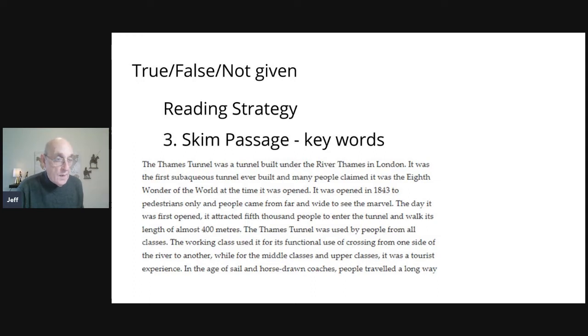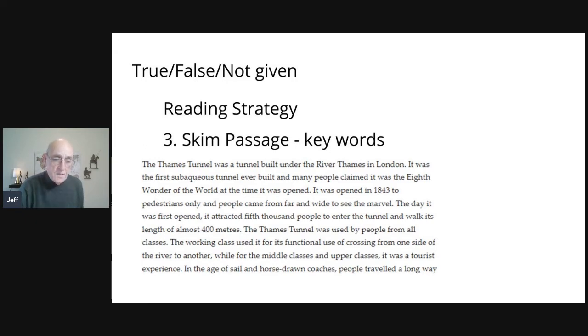I'm going to underline any words that seem to be synonyms. I'm going to look for things that might be paraphrases of what I've seen in the questions. And on top of that, anytime I see dates or proper names, even if I haven't seen them in the first set of questions, I'm still going to underline those keywords, because I may need them for the second set of questions for this passage.